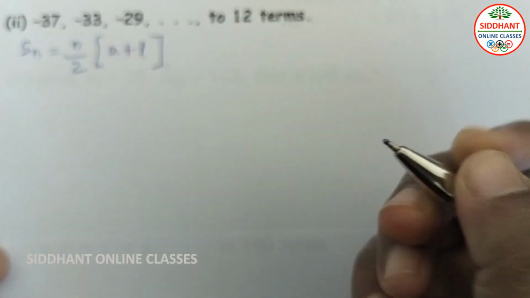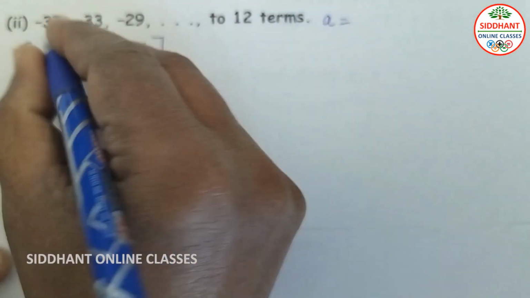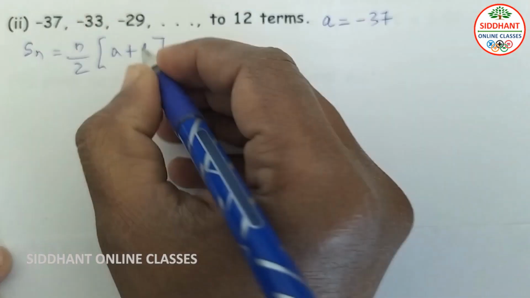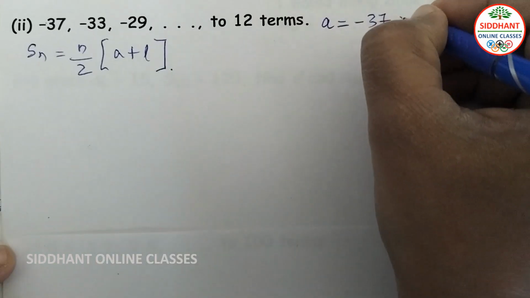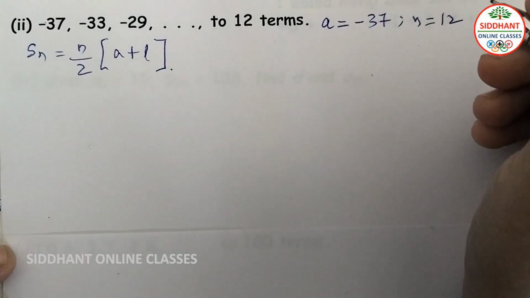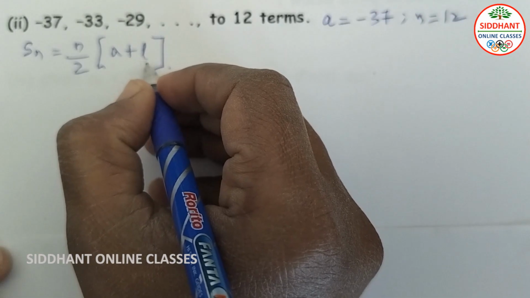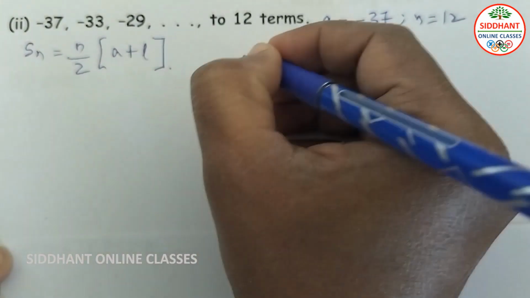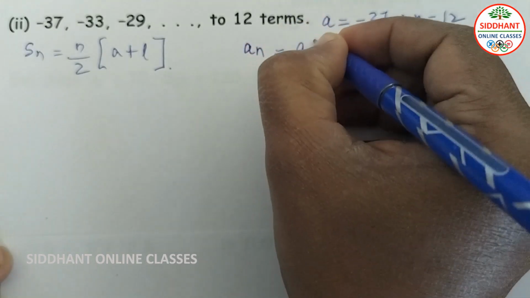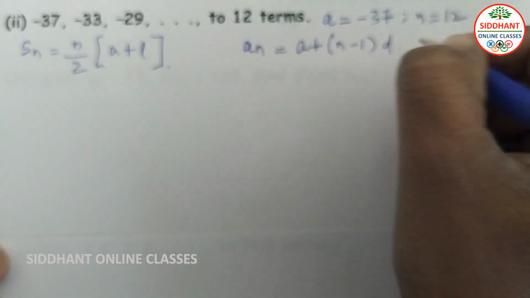In the question, the data given is a, which is minus 37, and the n value, which is 12 terms, and l, which is the last number, we are going to find out now. So an equals a plus n minus 1 d.